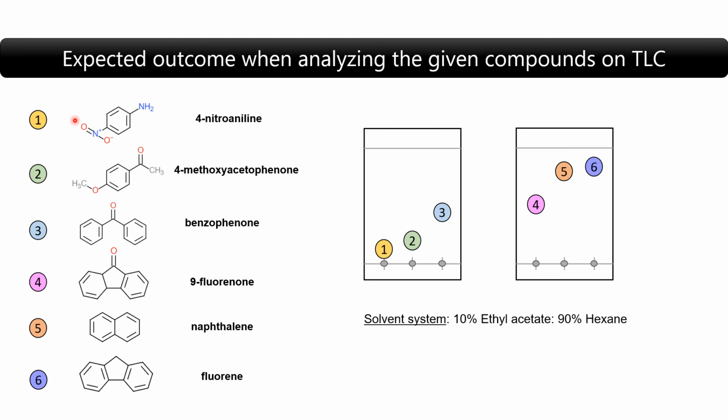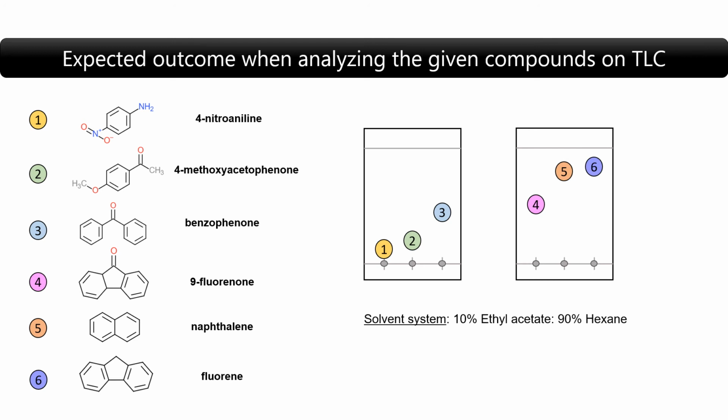So once you record your data, calculate the RF values that have been experimentally obtained for each of these compounds, then compare with what you were theoretically expecting to see. Do they match? Then what does that confirm?